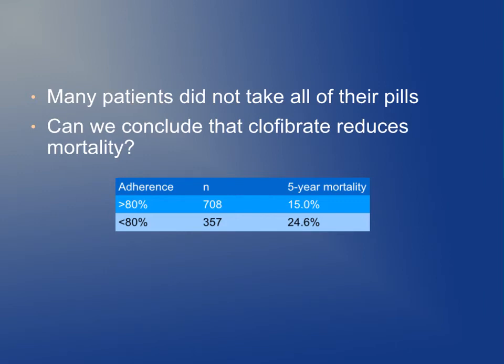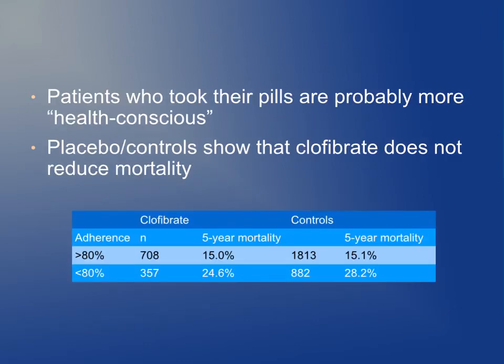It wasn't like we randomly assigned half the people to take their pills and half the people not to take their pills. The people who took their pills are probably more likely to be health conscious, and they're also more likely to exercise, reduce high-fat foods from their diets, and things like that.